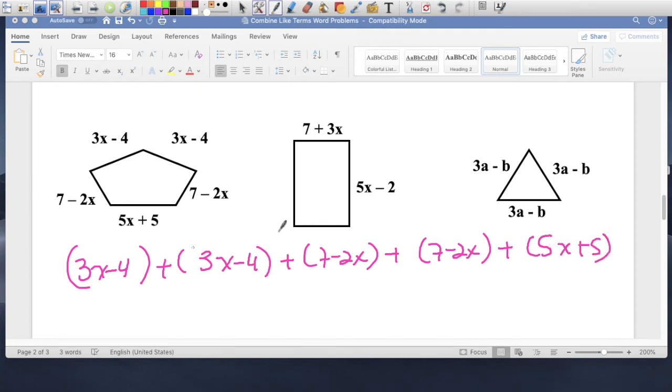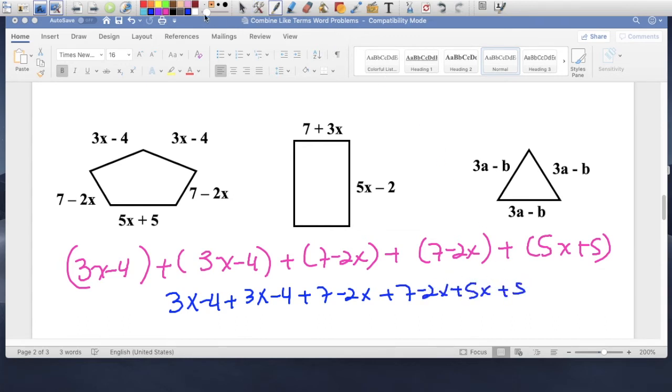You can definitely use the distributive property here and multiply this by 2. Okay, so I'm going to remove the parentheses. Let's just do it this long way. 3x minus 4 plus 3x minus 4 plus 7 minus 2x plus 7 minus 2x plus 5x plus 5. So this one's a long one.